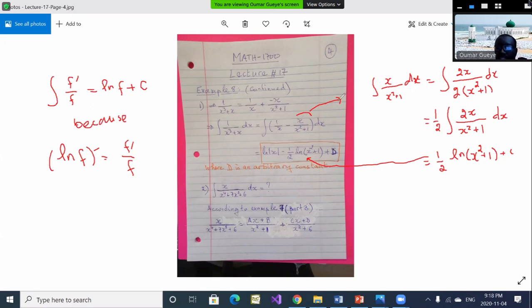Okay, make sure you guys understand this part because we're going to use this kind of integral many times today. Because we'll get something like that, always integrating f dash over f.